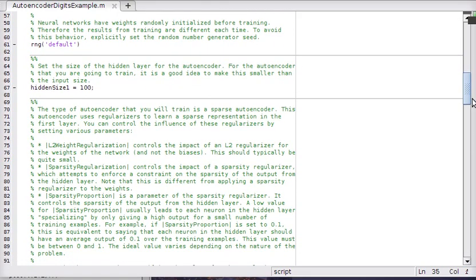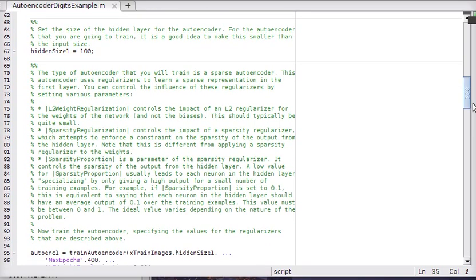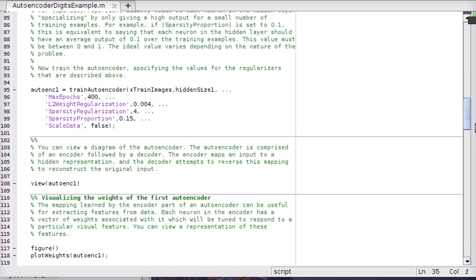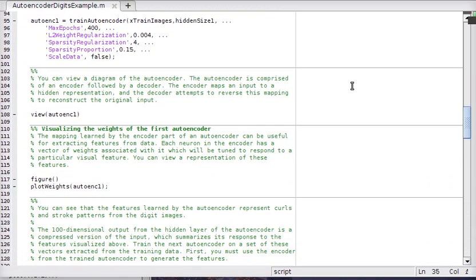Okay, and so this gives you lots of information here. We're going to skip the comments for now and just go right to the autoencoder. Again, our training images, altogether there were 5,000 images. They're in R784. We're going to go down to R100.